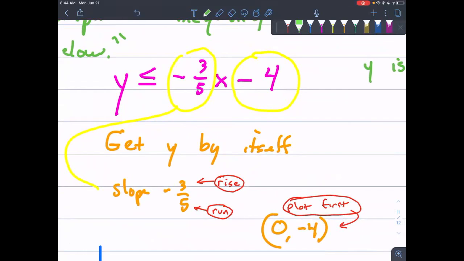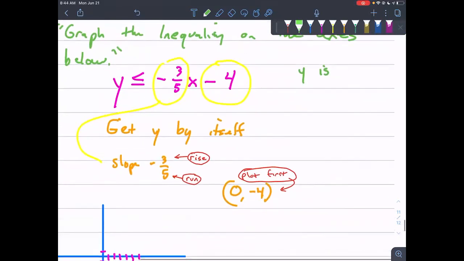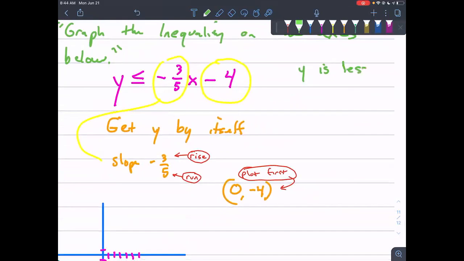Y is less than or equal to. I'm going to ignore the equal part for a minute. But y is less. So shade, because you're going to have to shade part of this graph. If y is less, do you think you'd shade above the line or below the line? You're going to shade below. Y is less, so you're shading below.